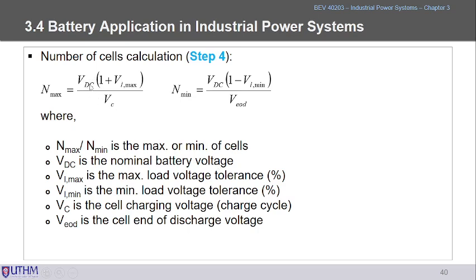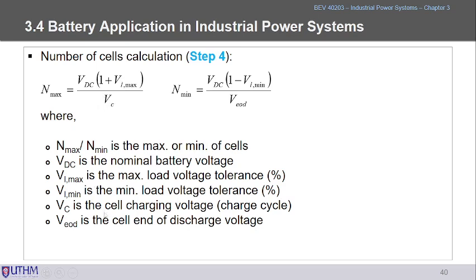If the UPS is 250 volts, for example, the VL max is the maximum load voltage tolerance. How much the load voltage tolerance is depends on, let's say, TMB 415 volt or below. So it allows 10% load voltage tolerance. That means this is 0.1 in that case.